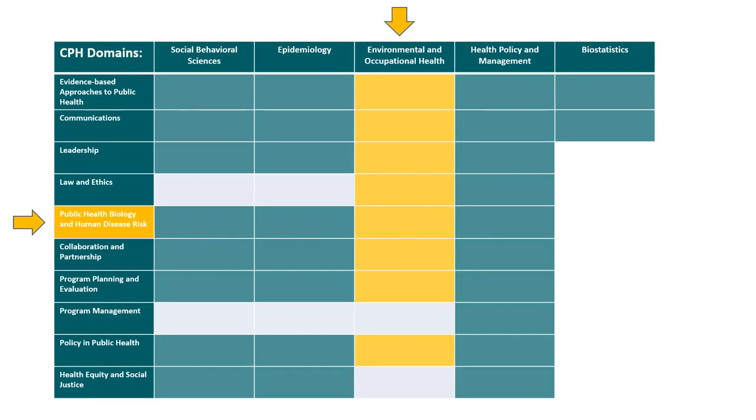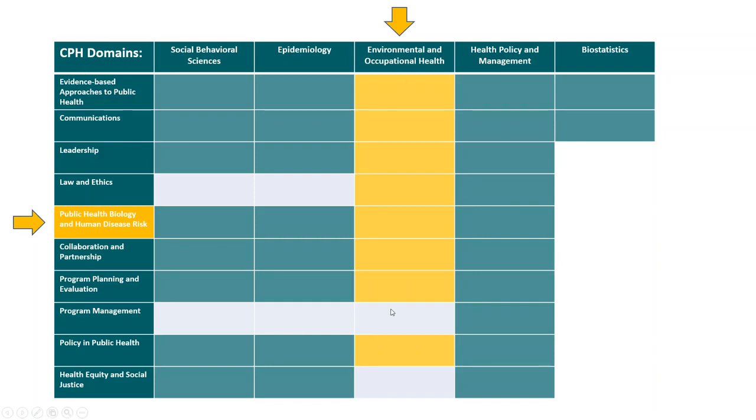So this slide is a modified slide. I took some liberty, but this slide is from the National Board of Public Health Examiners. And my understanding is this webinar is the first one relative to environmental health content for the new, revised exam, based on the modified public health domains that you see in the first column.